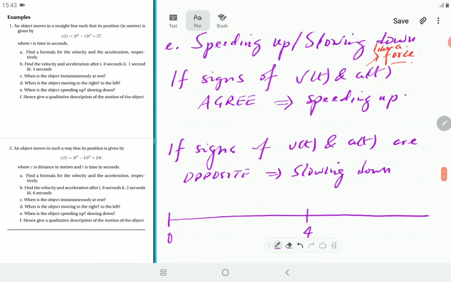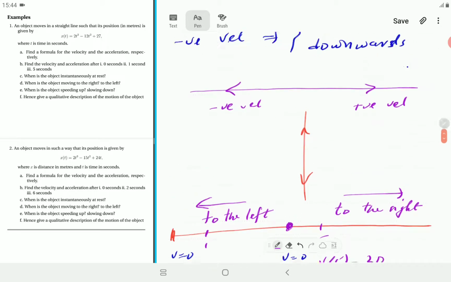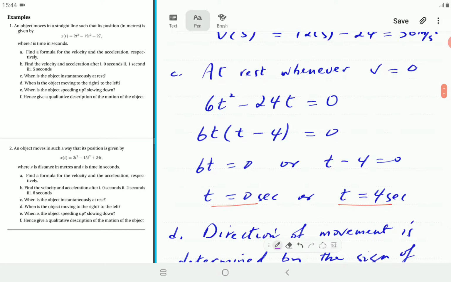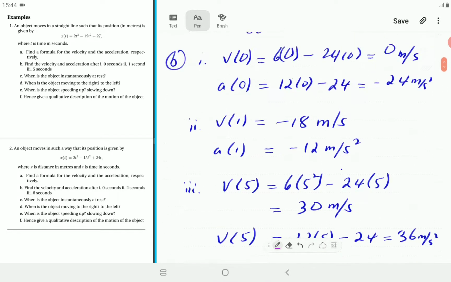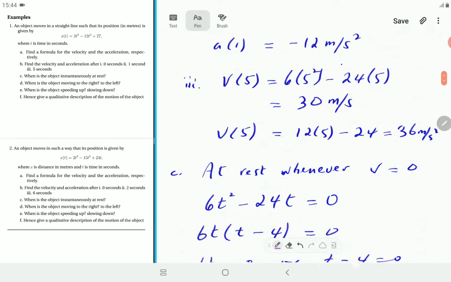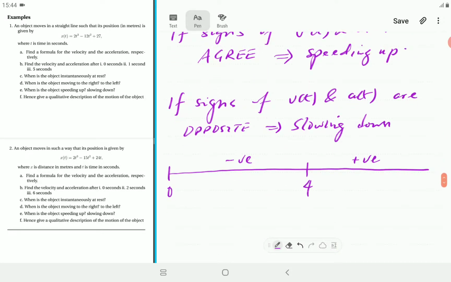This side the velocity is negative, this side the velocity is positive. Then for the acceleration, if you set acceleration to be equal to 0, that is going to give us t equals 2. So when t equals 2, the acceleration is 0.